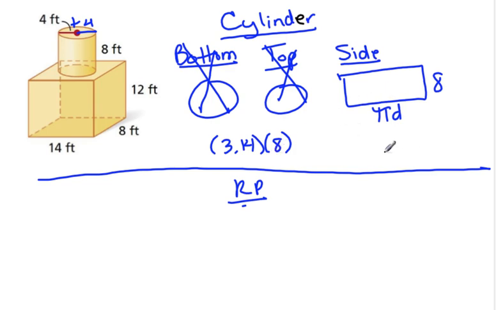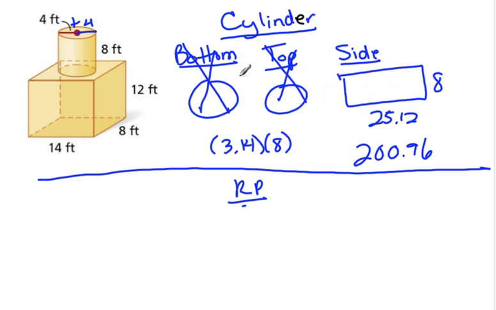So we can change this length now, or the base of this rectangular prism, to 25.12 and multiply these two together to find the area. So 25.12 times 8 is 200.96. So that's the rectangle.